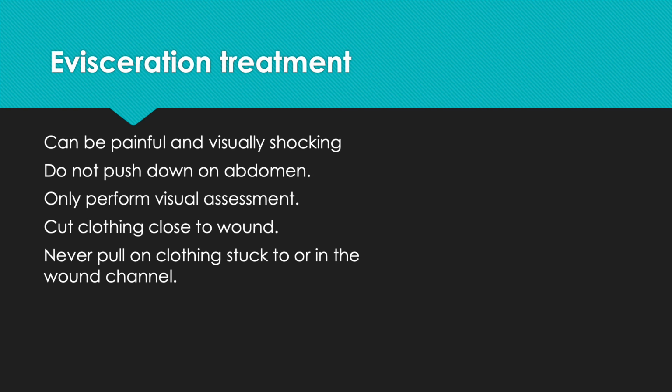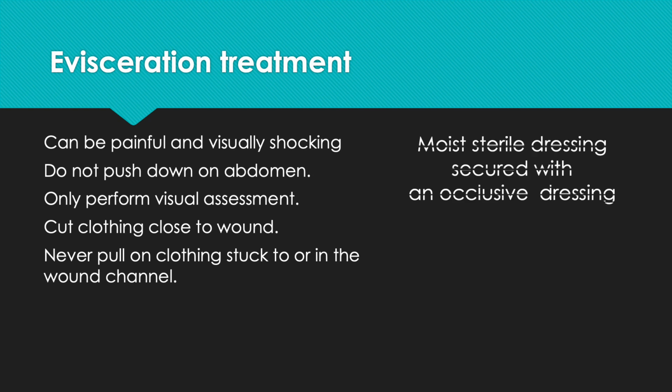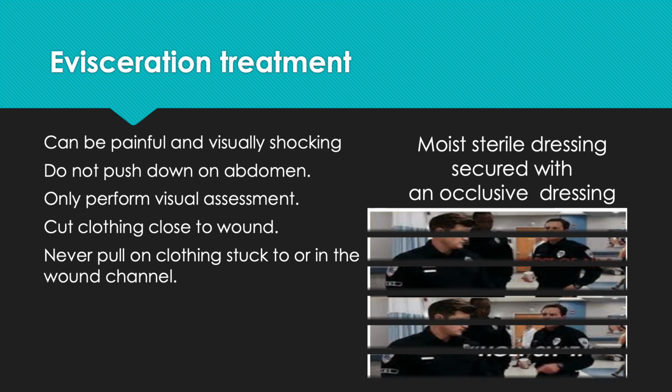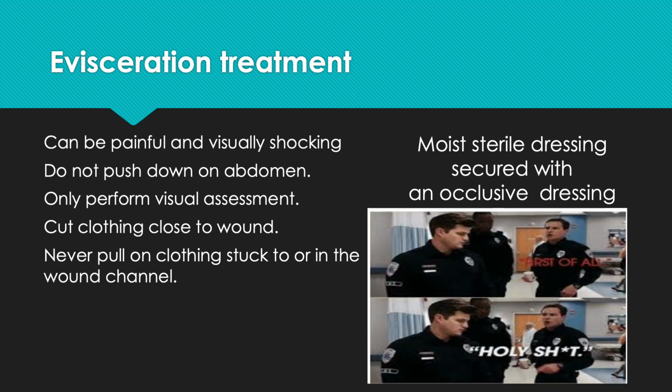You're going to cut the clothes off, make sure you're not pulling. If there's any clothes stuck to the body, just leave them there. You don't want to be ripping those off. And then a moist sterile dressing secured with the four-sided occlusive dressing on the abdomen, the best that you can. And then again, just keep your cool and bring your patient to the appropriate hospital. And afterwards, you can discuss with your partner about the crazy call you just ran.